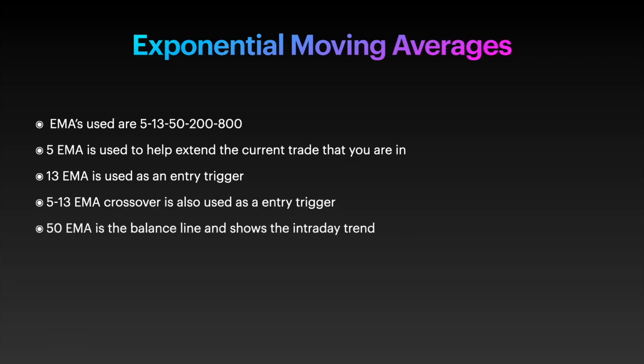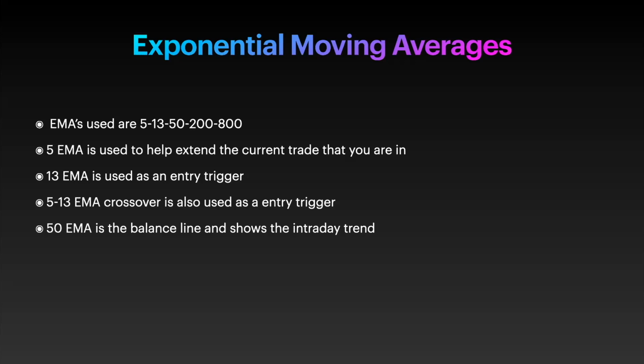The 50 EMA is the balance line, and it basically shows the intraday trend. Every day, price action is going to interact with the 50, no matter what happens. On a 15-minute chart, the 50 is always interacting with price, and it shows you the intraday trend of what's going on that day.